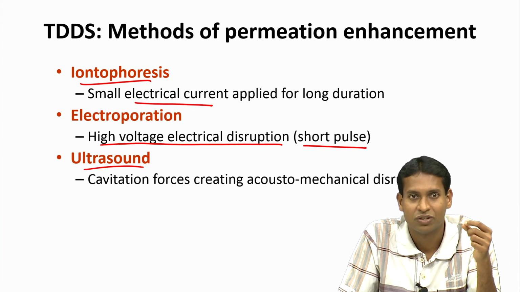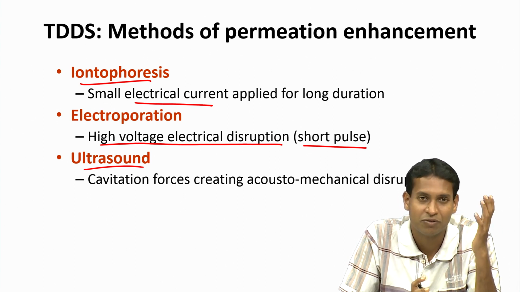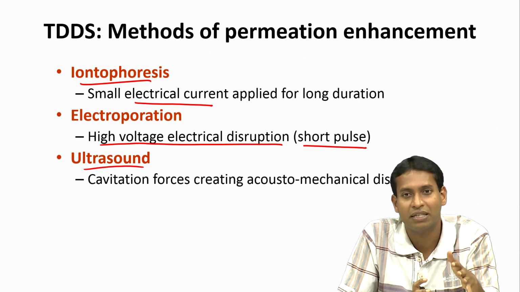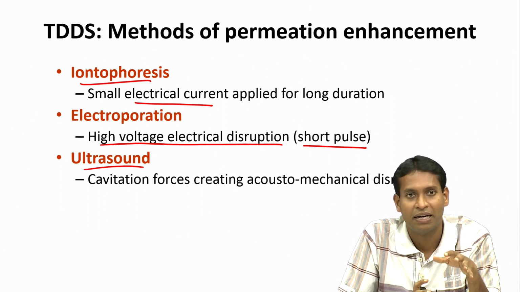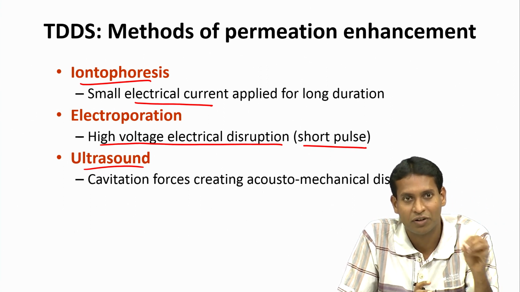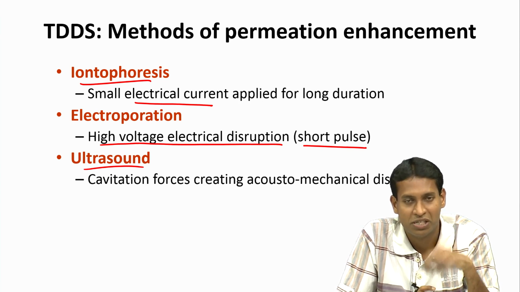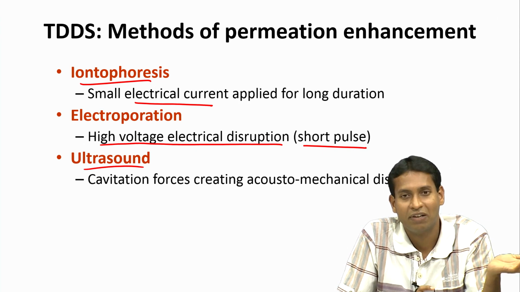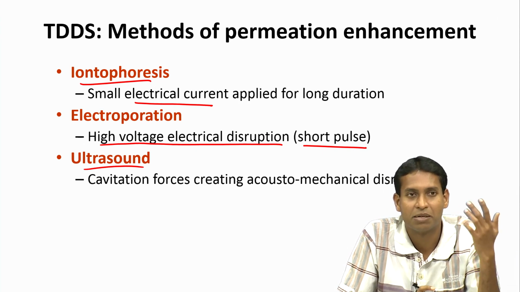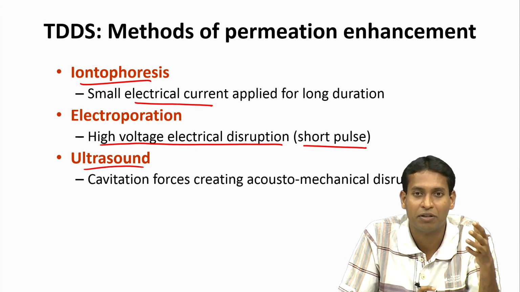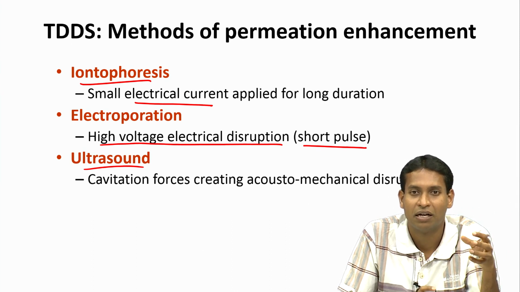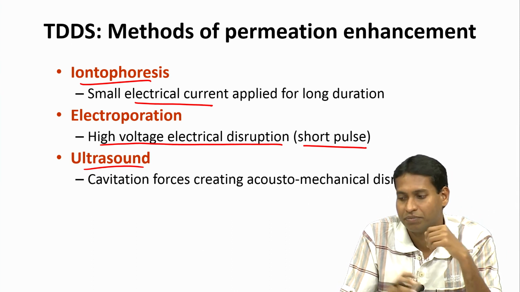So you use this property by disrupting the skin, knowing it will heal very quickly, and applying the drug for that little bit of duration. Because the skin heals quickly, you do not have to worry much about pathogens going in if you keep the area in a sterile environment.